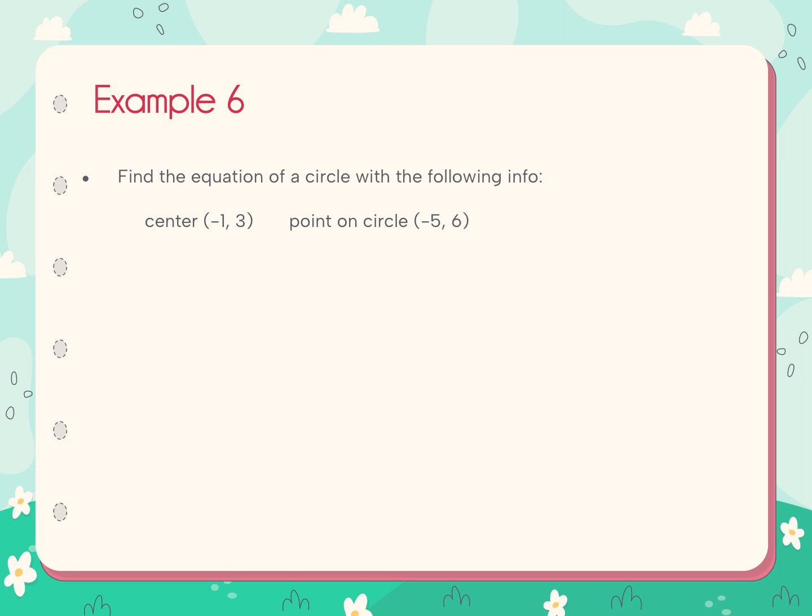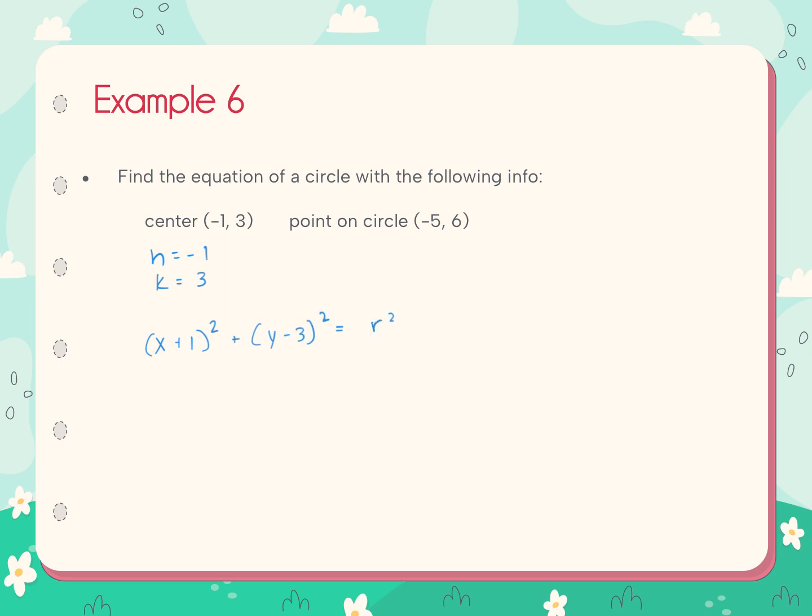And the last one says, find the equation of a circle with the following information. The center is at (-1, 3), and a point on the circle is (-5, 6). If I wanted an equation, I know that my h is -1 and my k is 3. So I already know that it's going to be (x plus 1) squared plus (y minus 3) squared.